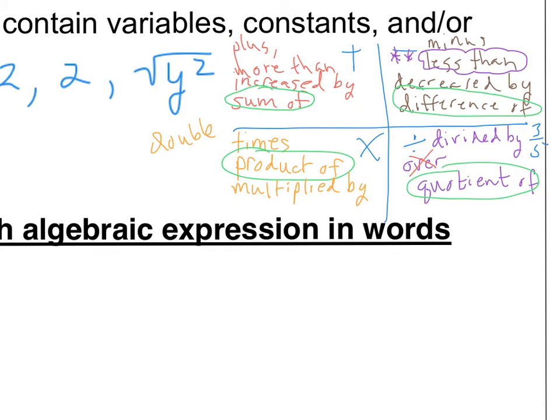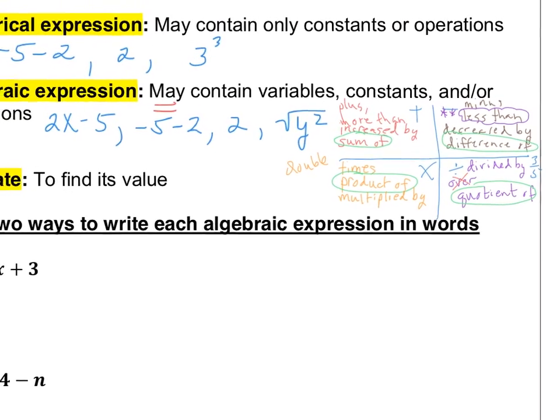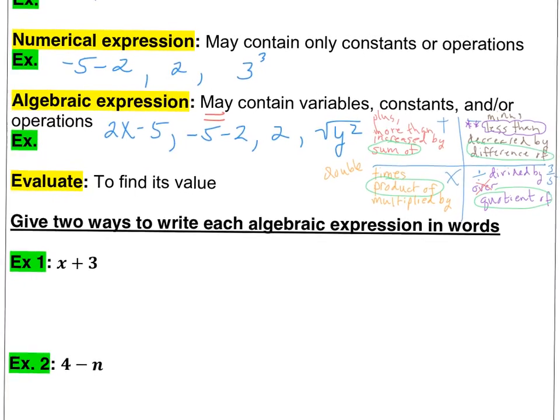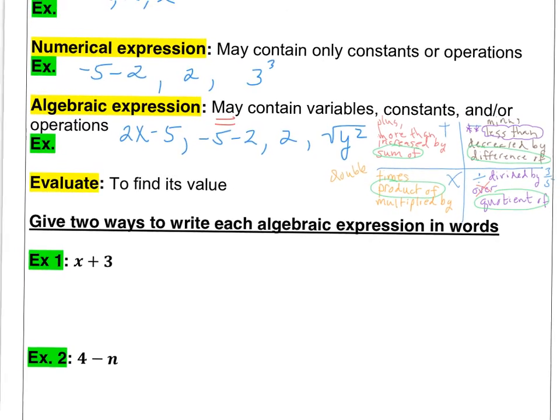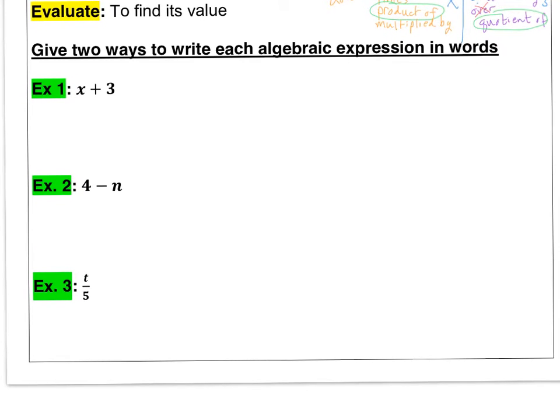So those are just a few that we're going to use down here below. All right, so given what we just went over, you're going to give 2 ways to write each algebraic expression in words.